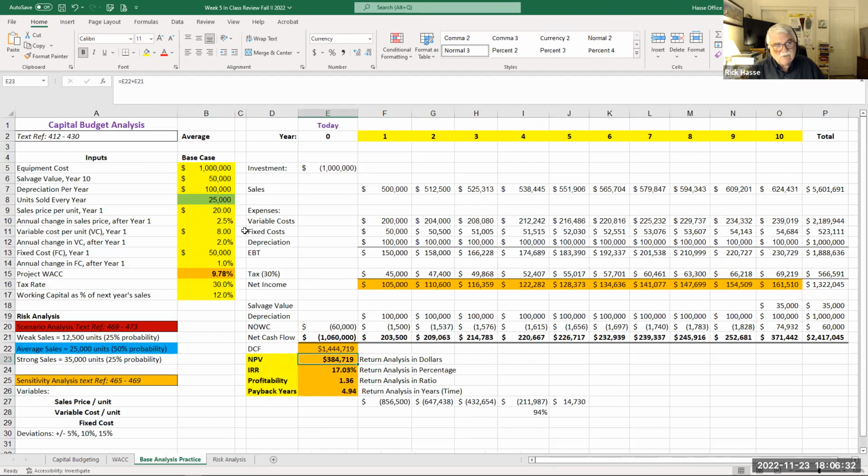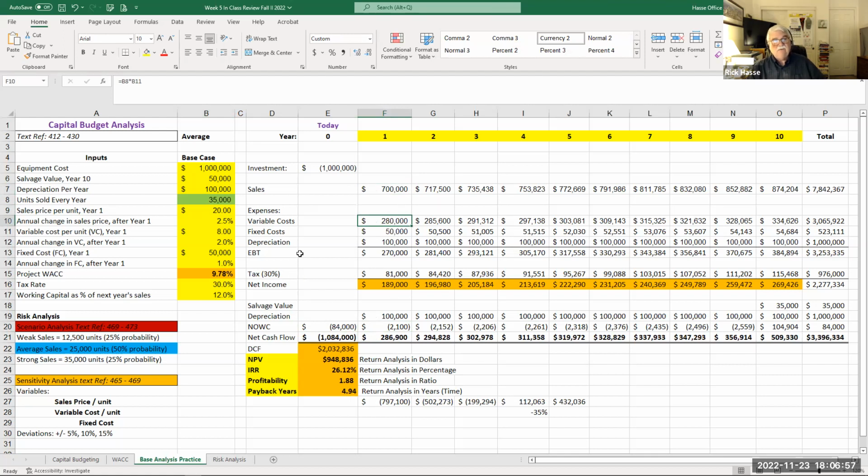So all I need to do is go to the units sold and change it to 35,000. And automatically, my numbers change. Automatically, it takes 12% in working capital and calculates the new working capital. Automatically, it calculates the change in sales and the change in variable costs.